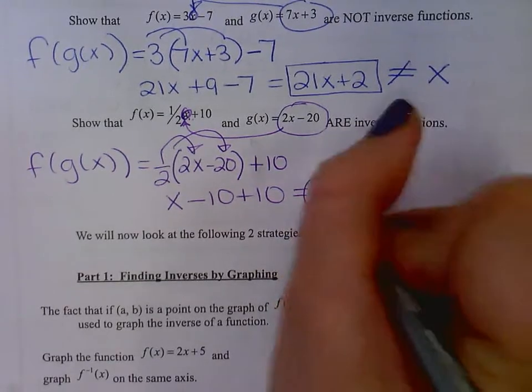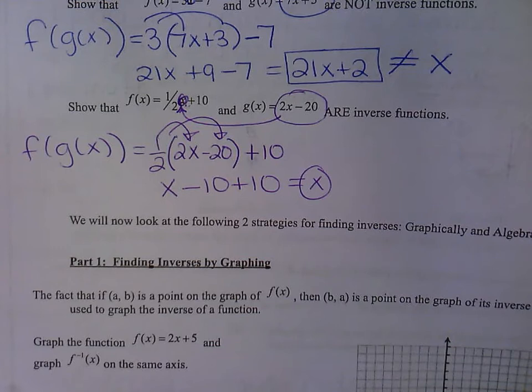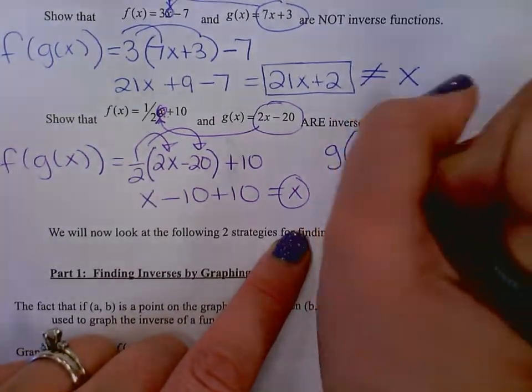So I've halfway proven that these two functions are inverses. I know that this undoes this guy. So now you're going to plug this one in over here and show that the same things cancel out. So you're going to try g of f of x.